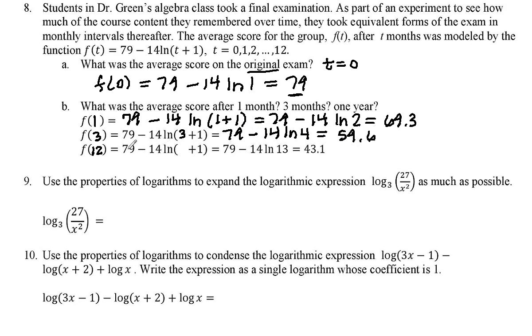And then the last one, f of 12, would be 79 minus 14 log 12 plus 1, which is 79 minus 14 natural log of 13, and that one turns out to be 43.1. So it makes sense that these guys are dropping over time. So your problem would be similar. We're just plugging into that log function that models the change in the score.